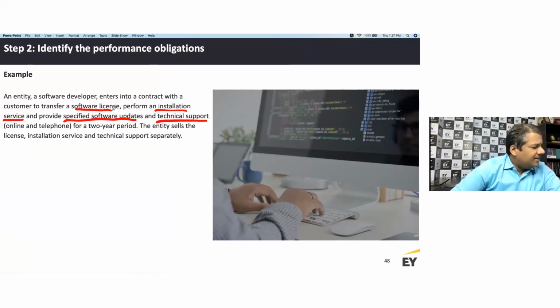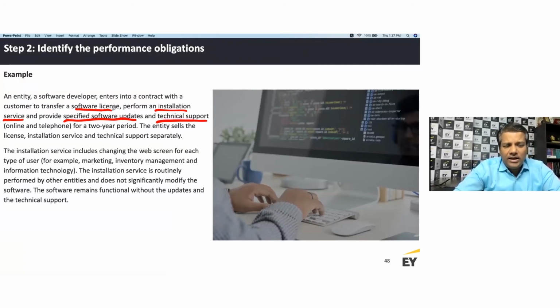The entity sells the license, installation, and technical support separately as well. The installation service includes changing the web screen for each type of user. The installation service is routinely performed by other entities and does not significantly modify the software. The software remains functional without the updates and the technical support as well.